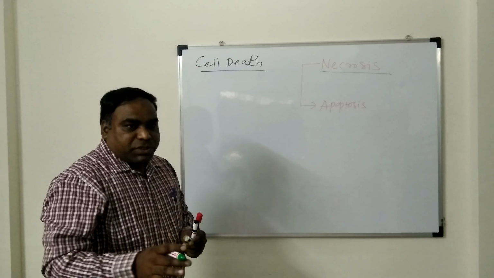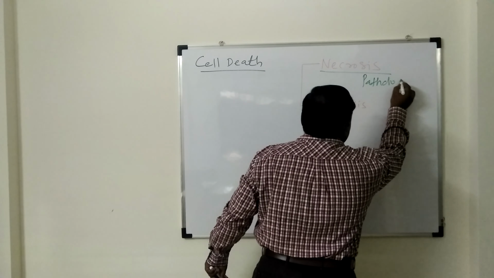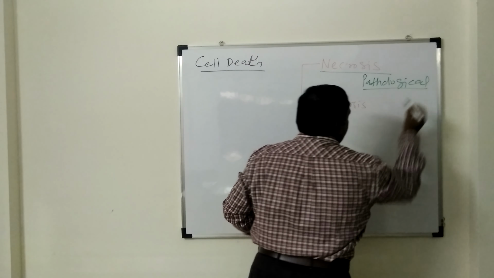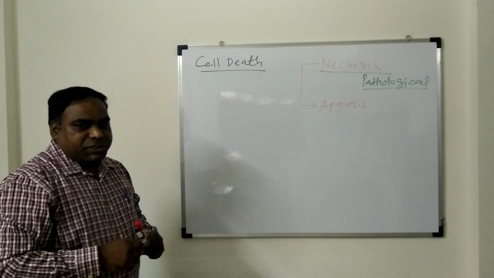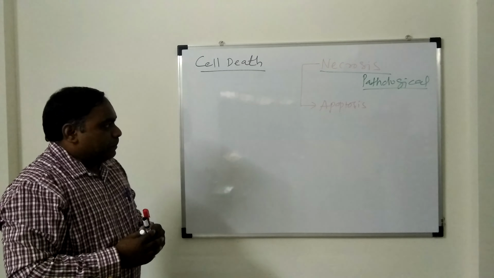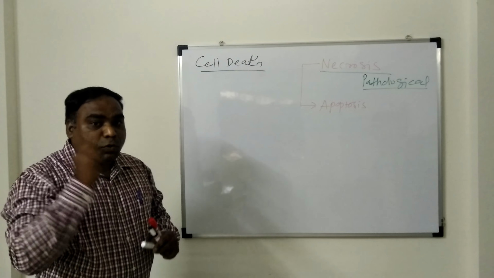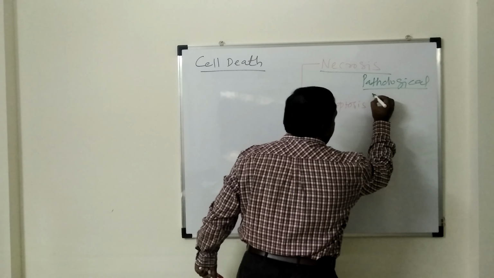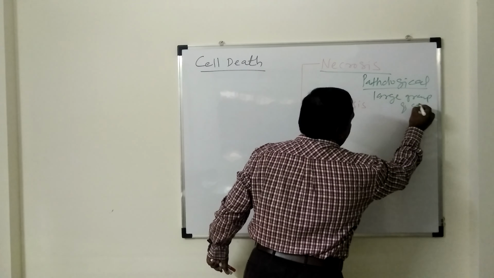So it is always pathological. The cell is pathologically and irreversibly injured, and necrosis takes place. And necrosis takes place in a large group of cells.